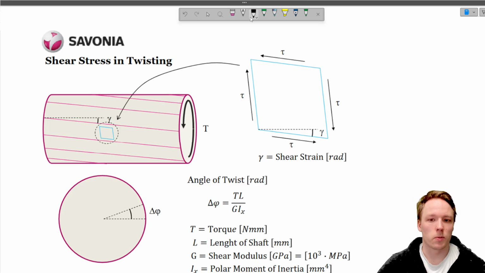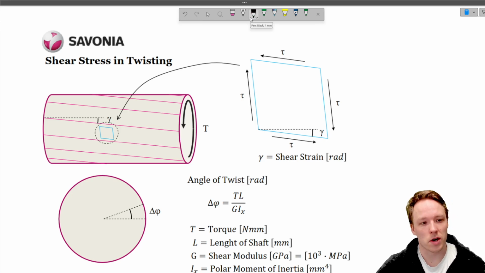Previously we have learned that we have strain in materials: normal strain and shear strain. The shear strain in the case of pure twisting is defined so that if we take a small portion of the material on the surface of the piece which we are twisting, we can see that it has changed shape.